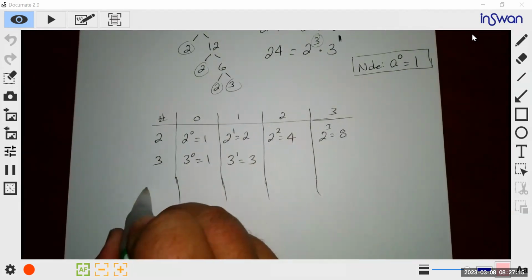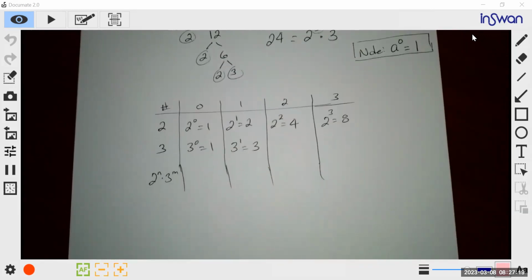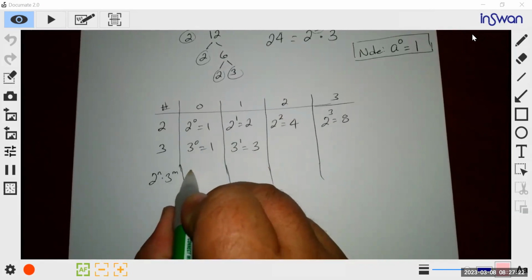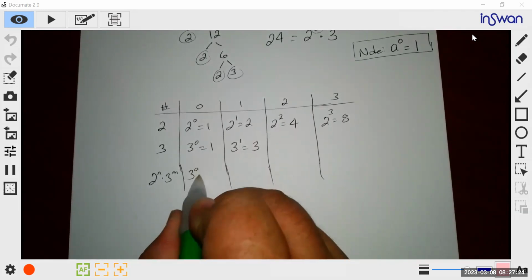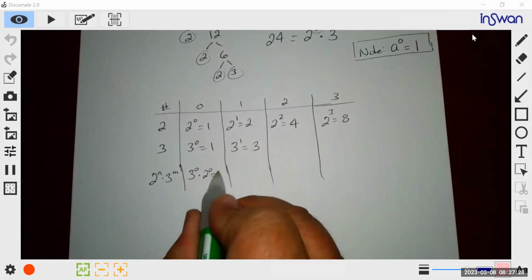Now we combine them. We have 2 to the n times 3 to the m. If 3 is 0 and 2 is 0, 1 times 1 is 1.